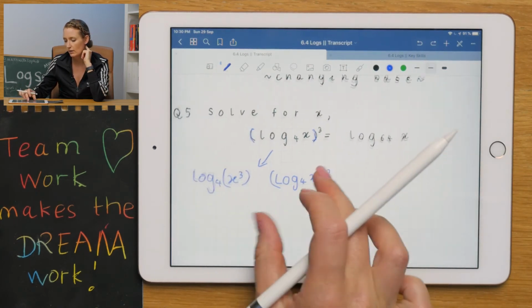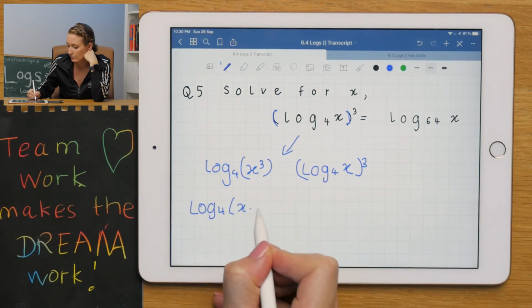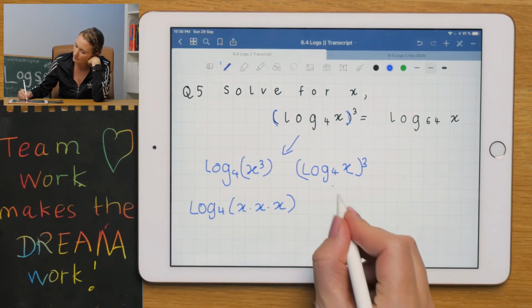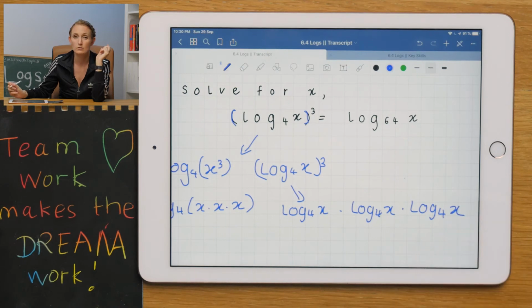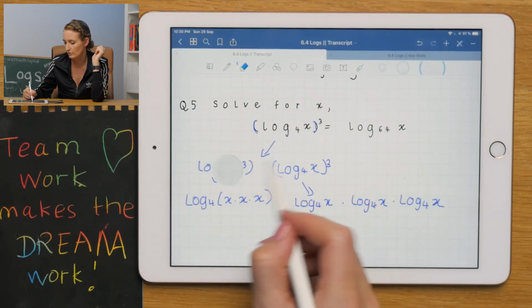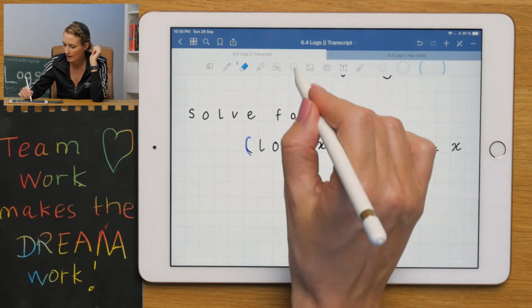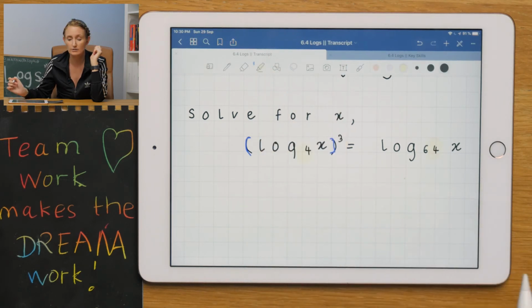Let's go ahead and write these out because we need to sort this out. That means this, and this one means this. So, do not say you weren't warned.